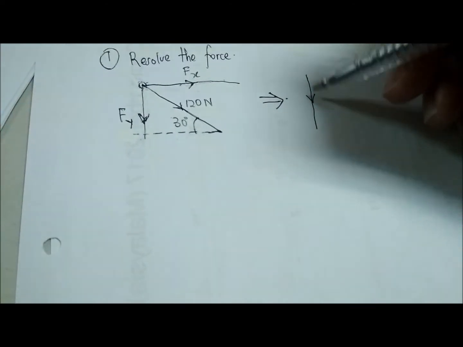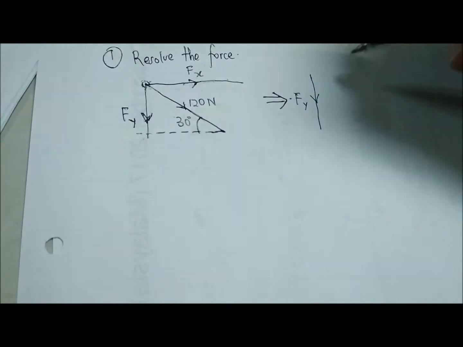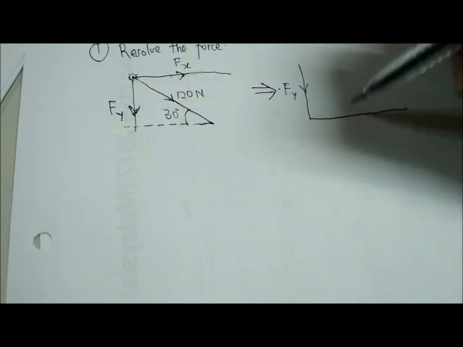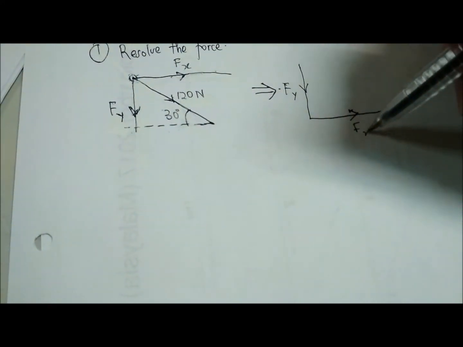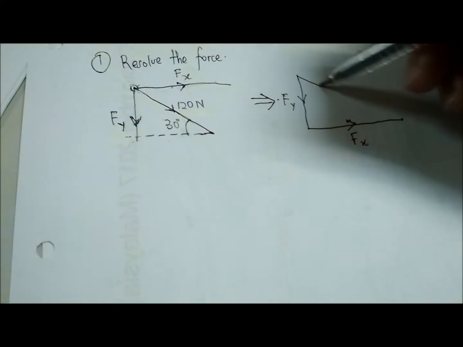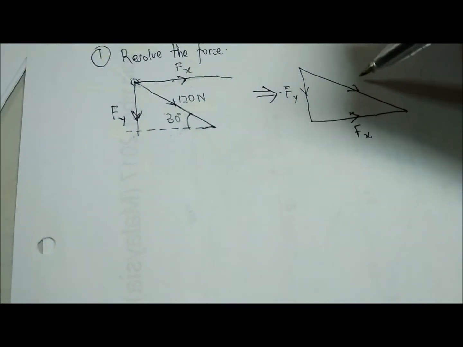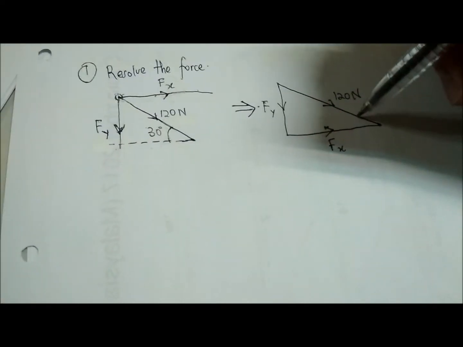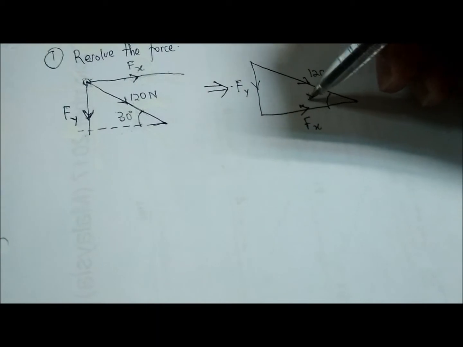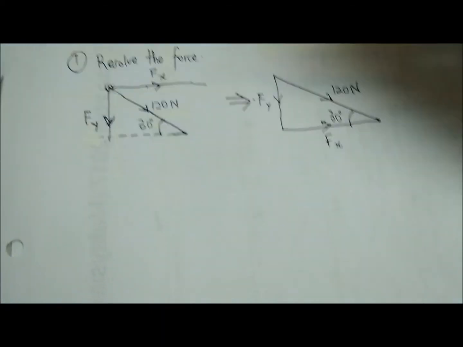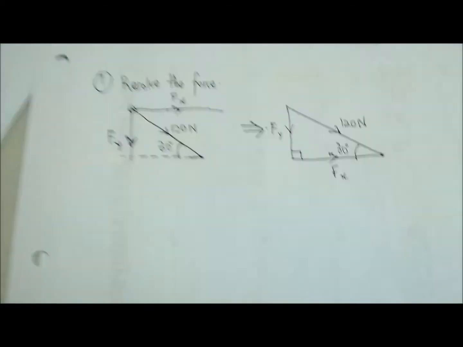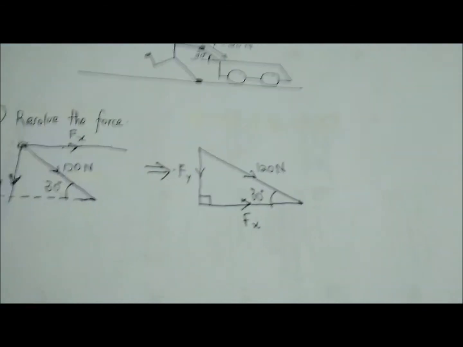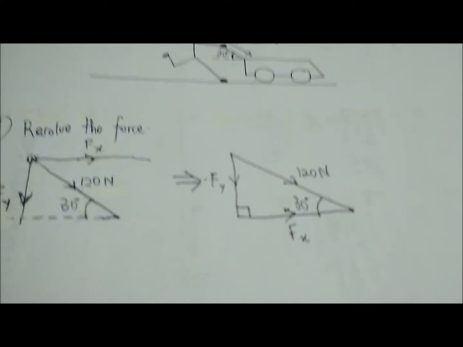This is Fy, Fx, and this one is the 120 Newton. The angle is over here, so this is 30 degrees, and this is 90 degrees. So you have found a right angle triangle.